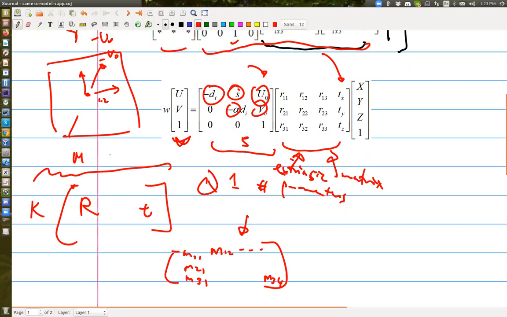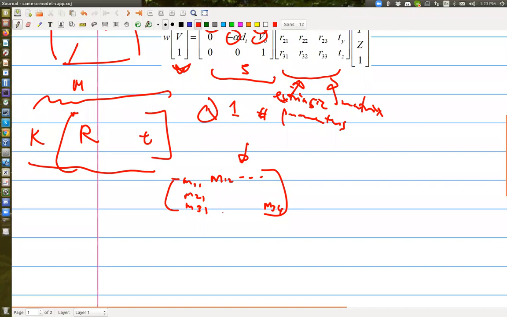And then we want to find back this K, R, T here. What we can do is pull out, okay, maybe I write it more clearly: M22, M23, M33, and so on and so forth.